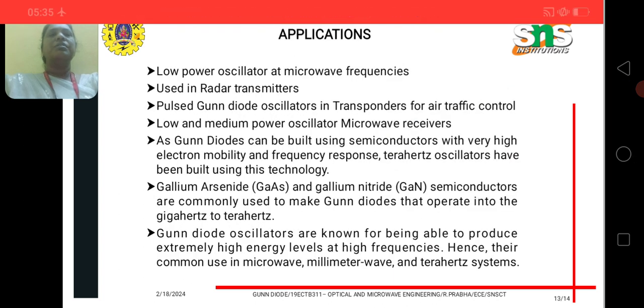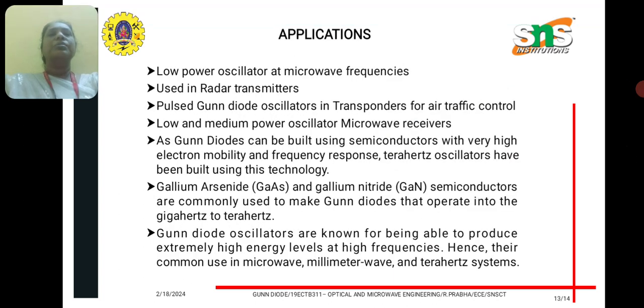Applications of the Gunn diode: it is used as a microwave low power oscillator, and also in radar transmitters, pulsed Gunn diode oscillators in transponders for air traffic control, and low and medium power oscillators in microwave receivers. Next, Gunn diodes can be built using semiconductors with very high electron mobility and frequency response. Terahertz oscillations have been built using this technology.